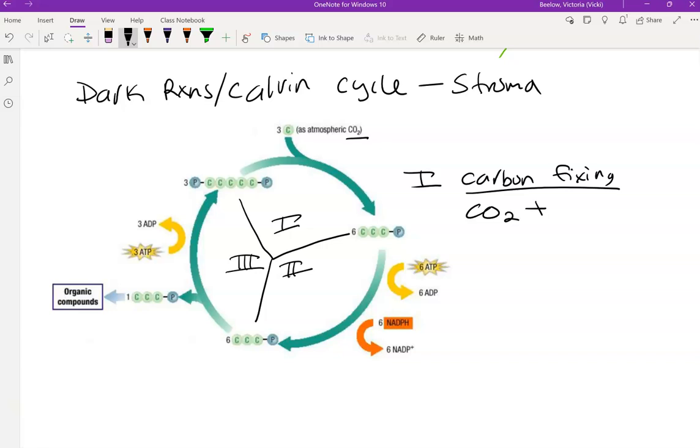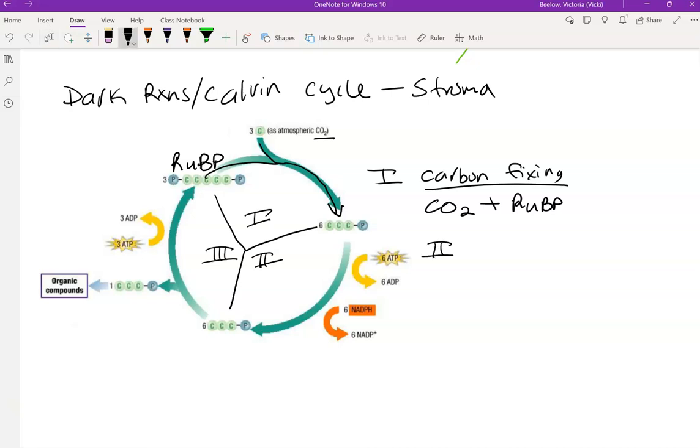We are going to combine that with this molecule here, and this molecule is RUBP, which stands for ribulose biphosphate. So we're going to combine those two together to make a bunch of these small 3-carbon molecules.